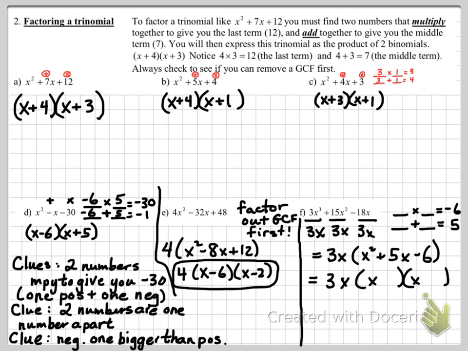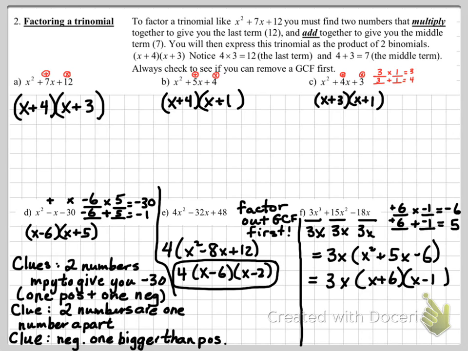Now this looks kind of tricky. And the first thing we're going to think about maybe doing is 2 and 3. But you've got to remember that these two numbers are going to multiply together to give me a negative 6, and yet they're going to add up to be a 5. So they've got to be 5 numbers apart. And the only way that this is going to happen is if one is negative 1 and one is positive 6.